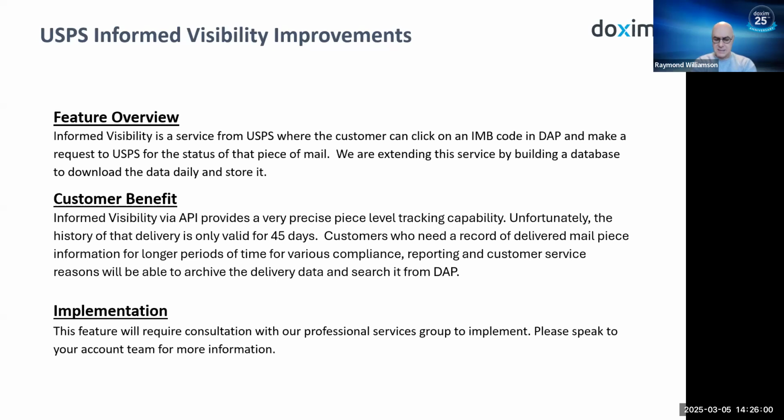Informed visibility is the ability for those of you using our document lifecycle reporting to look at the print status reporting report, look at a specific mail piece to a specific member, and be able to click on the link, which will track the intelligent mail barcode, which is the IMB code, and actually query USPS and know where that package is or that letter is on its way to a customer.